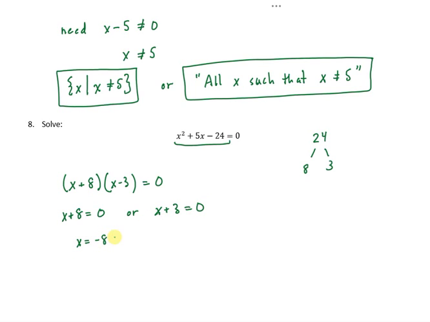This gives me x equals negative 8, or x equals 3. Oh, sorry, that should be positive 3, because this is a minus. So 3, negative 8. Doesn't matter what order you write them in.